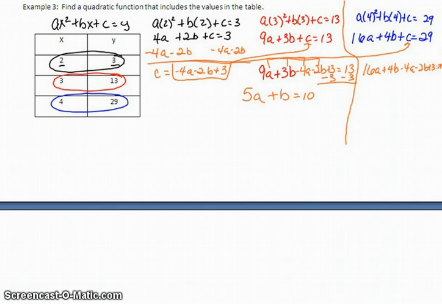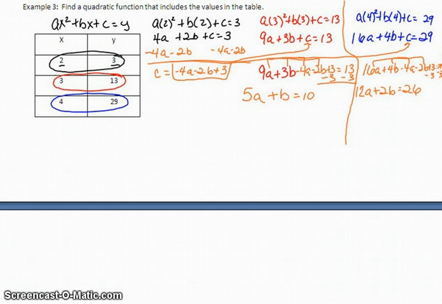Combining like terms, 16 minus 4, I'll have 12a. 4 minus 2, plus 2b. Subtract 3 from both sides equals 26.